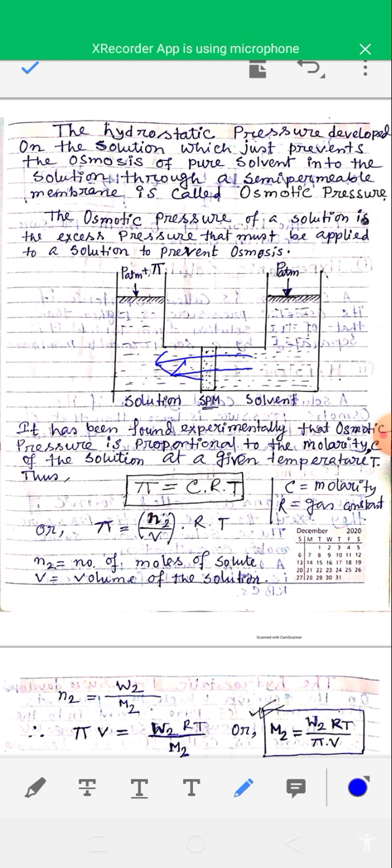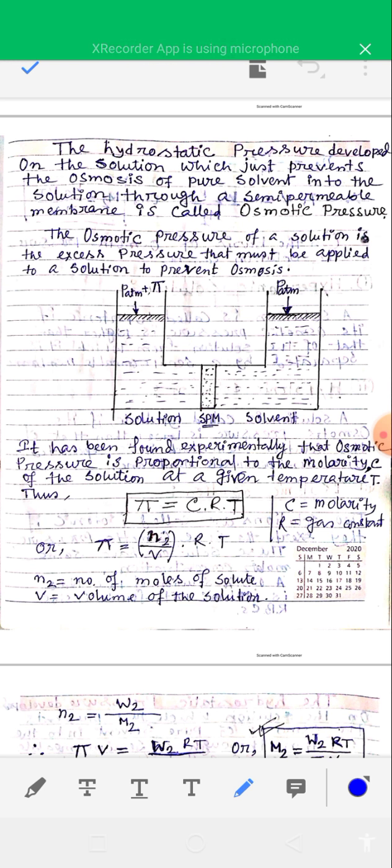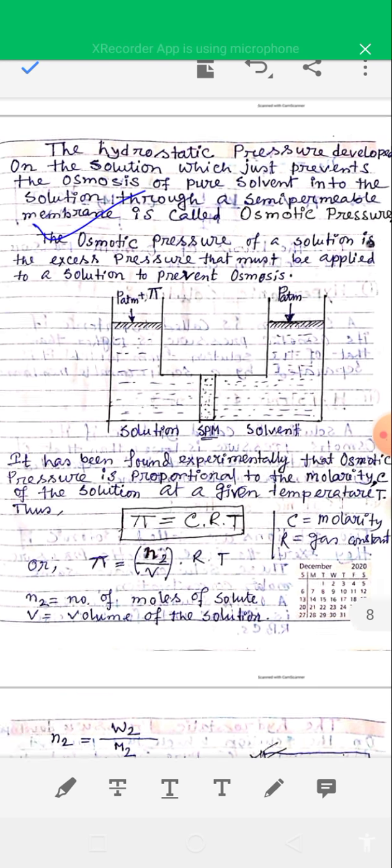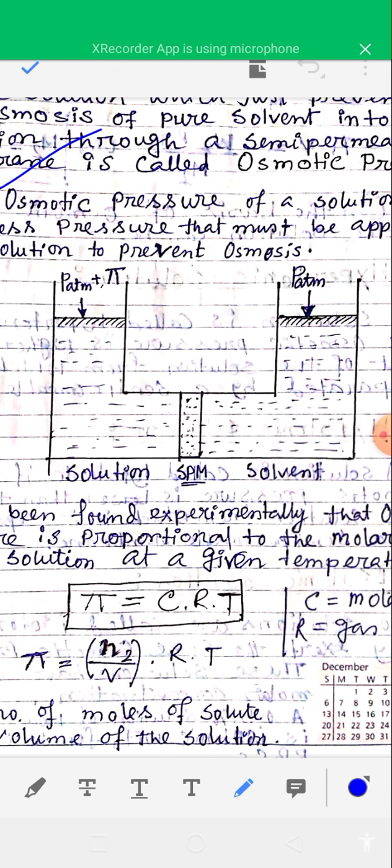Okay, and now if you want to stop the process of osmosis, you have to apply extra pressure just above the solution side. So the osmotic pressure of a solution is the excess pressure that must be applied to a solution to prevent osmosis. You have to apply some excess pressure to stop the osmosis, that is, the flow of solvent molecules from pure solvent to solution side through the semi-permeable membrane.